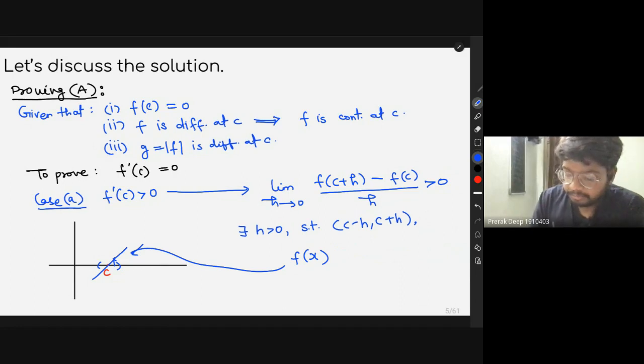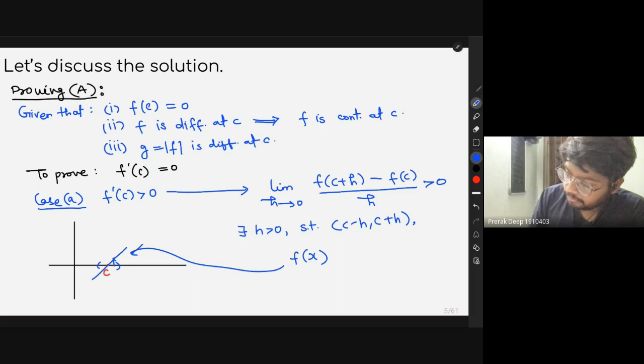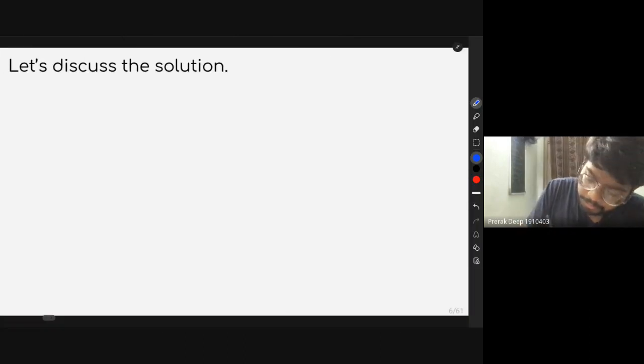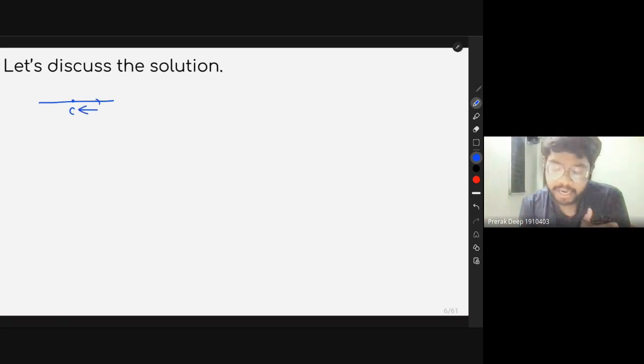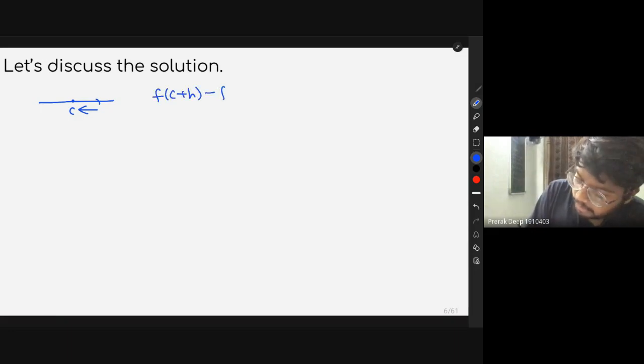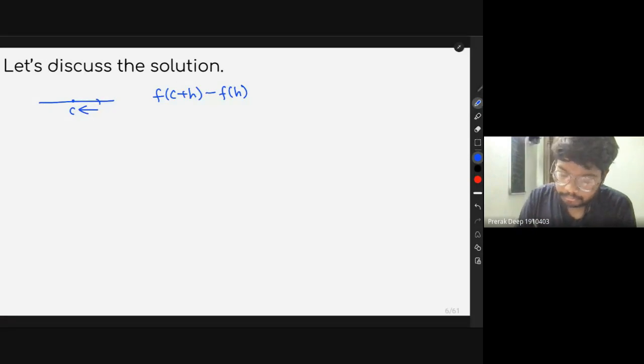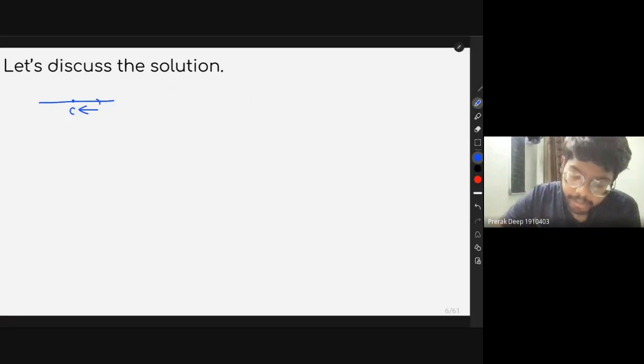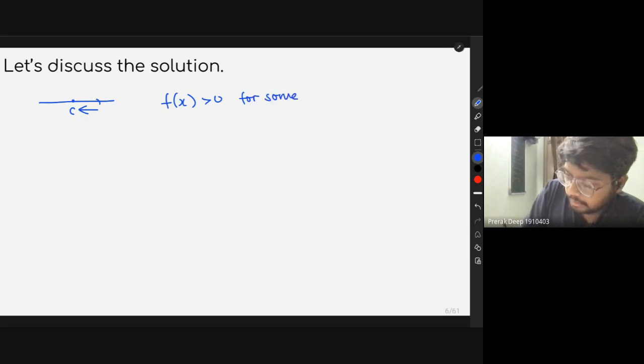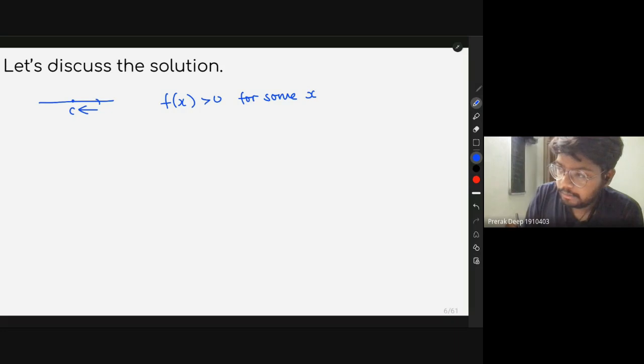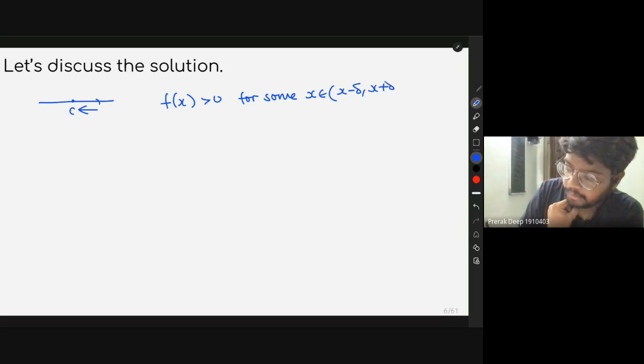So in other words, if I approach C from the right hand side, f of x is positive for some x small enough in this neighborhood, x minus delta, x plus delta.